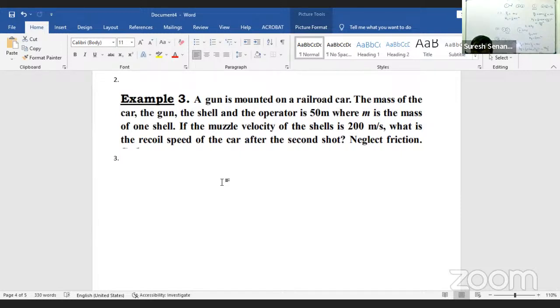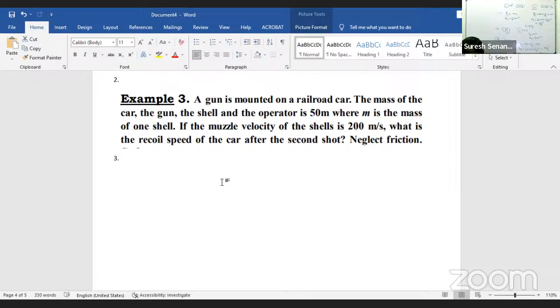The mass of the car, gun, shells and operator is 50 m, where m is the mass of one shell. If the muzzle velocity of the shells is 200 meters per second, what is the recoil speed of the car after the second shot?